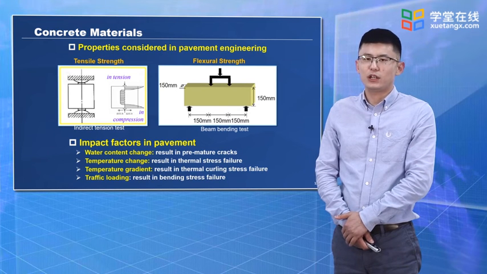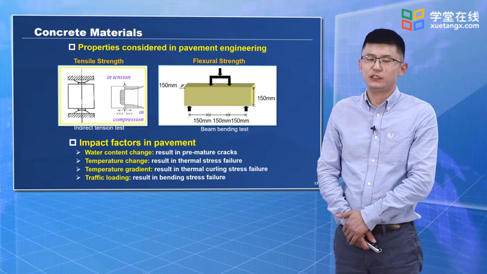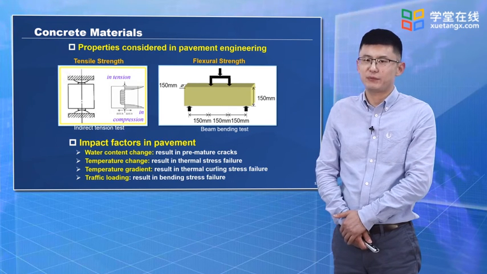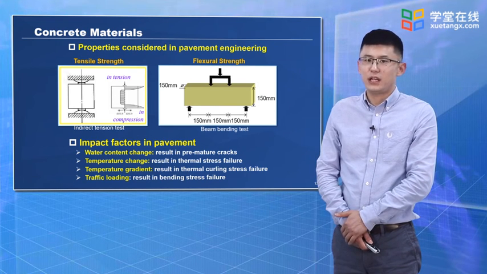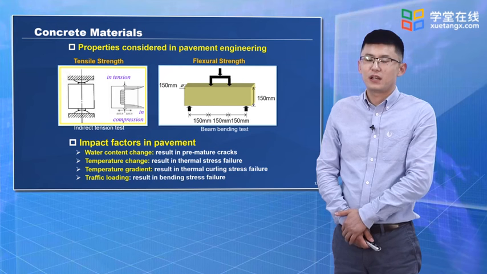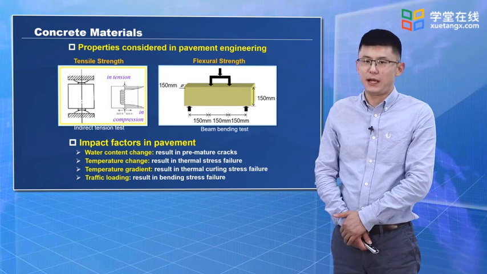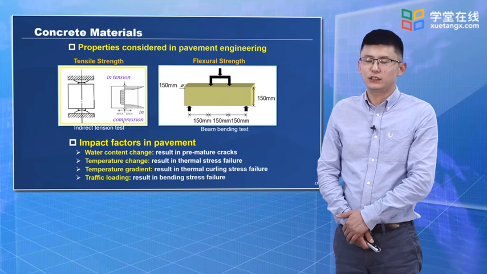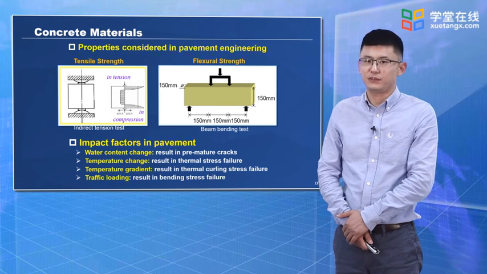If we change the water content, the strength may change. Also the temperature change and the temperature gradient. This is very important, especially for concrete pavement. We know that in the daytime and in the nighttime, we may have different temperature gradients between the surface and the bottom of the concrete slab. And also the traffic loading, of course, will result in cracking and fatigue.